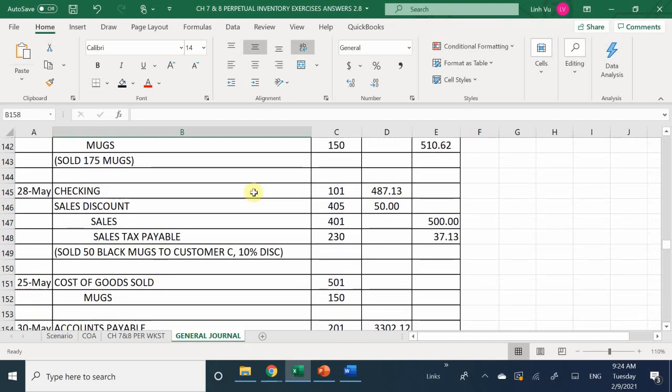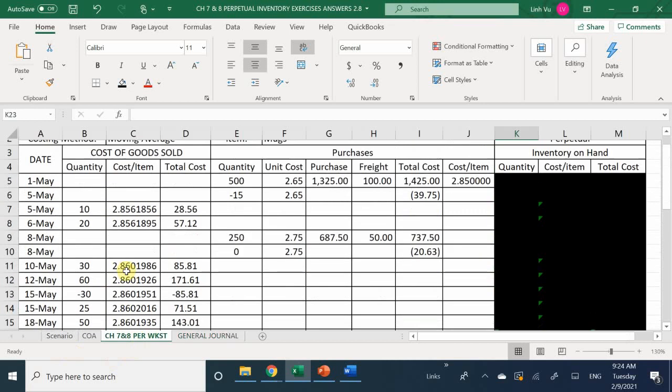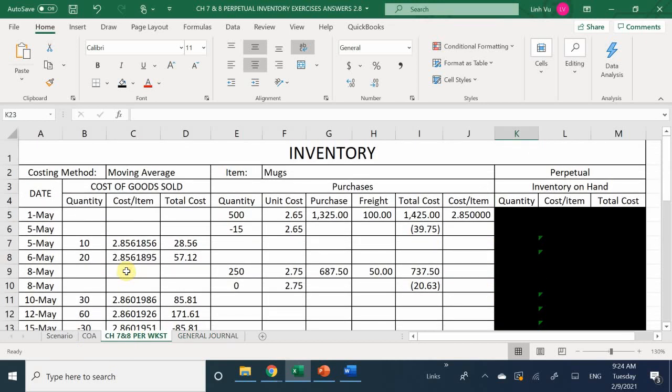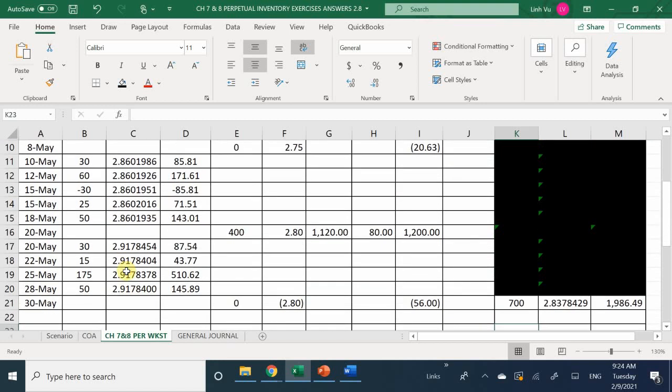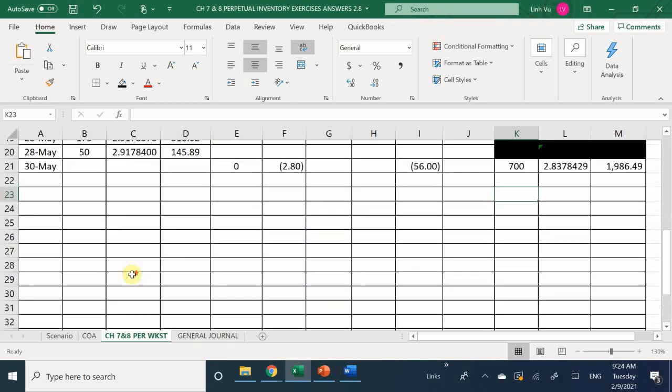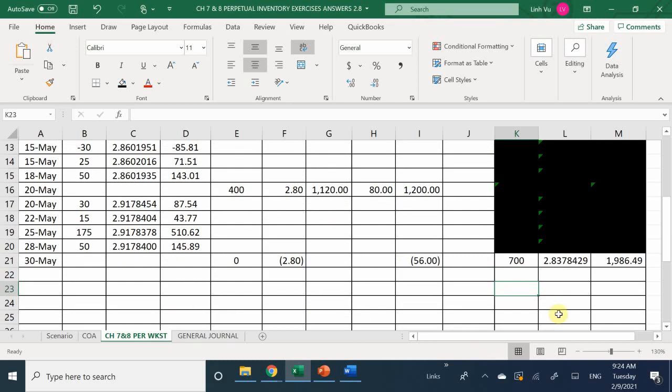All right. And how we did it in our inventory worksheet, as you can see, every single thing that we did, whether it's a purchase returns, a sale or a sales returns, it truly affects our inventory every single time. And because we're doing moving average, we have to calculate that average cost every single time because we're trying to figure out how to spread the amount of cost amongst the quantity that we have.